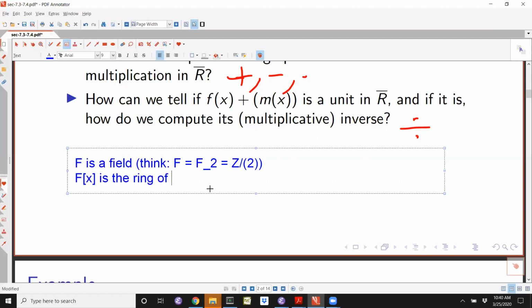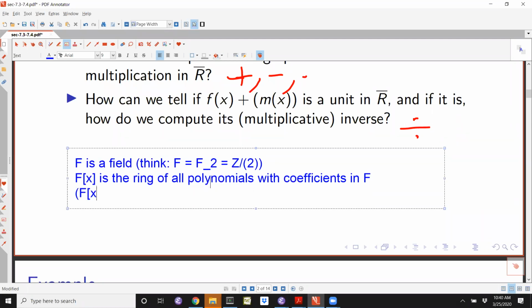It is the ring of all polynomials with coefficients in capital F. F bracket X is just a ring, not itself a field, because 1 over a polynomial is not a polynomial.